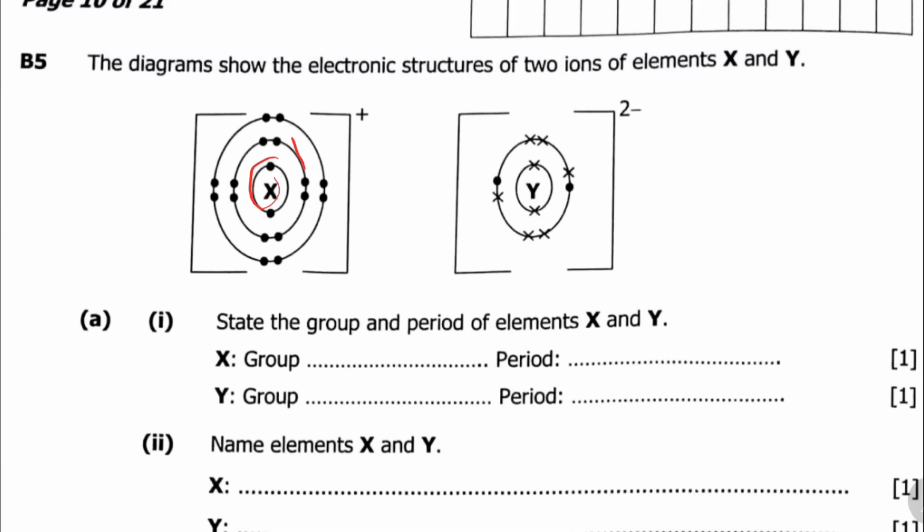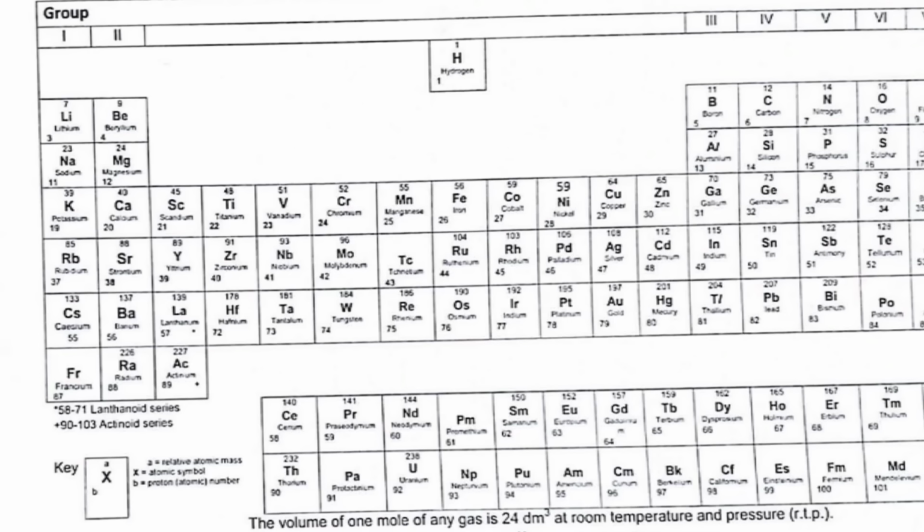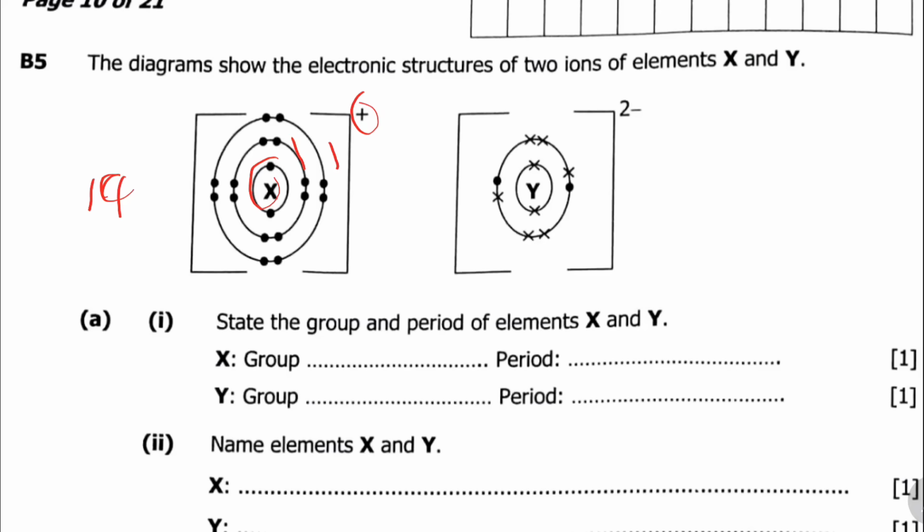So 2 plus 8 plus 8. This is 18. 18 plus this one, 19. So you go to the periodic table and look for element number 19. That is potassium. Using group 1. Potassium with a symbol K. That's potassium. That's right, potassium.